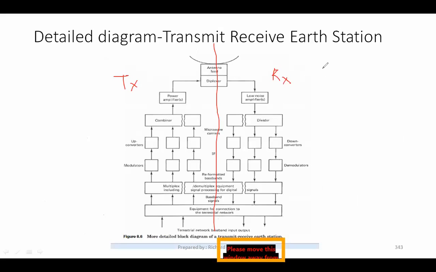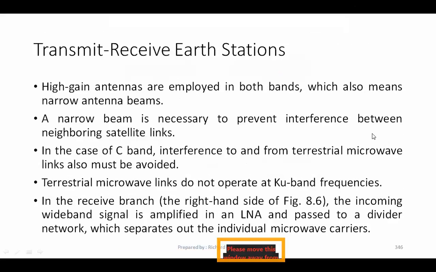In the receive branch, the incoming wideband signal is amplified in an LNA and passed to a divider network which separates out the individual microwave carriers, just like how we have seen this in our OFDM.